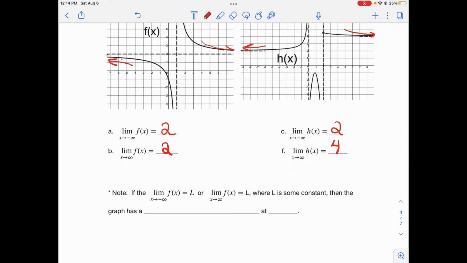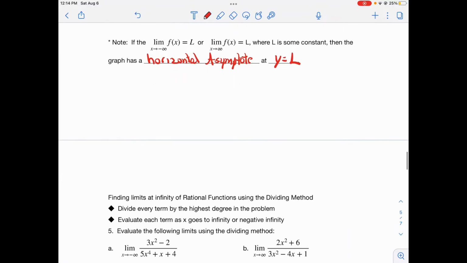Note, if the limit as x goes to negative infinity of f of x equals a constant, a real number, or the limit as x goes to infinity equals a real number L, then the graph has horizontal asymptotes at y equals that L value, which is the equation of the horizontal asymptote.